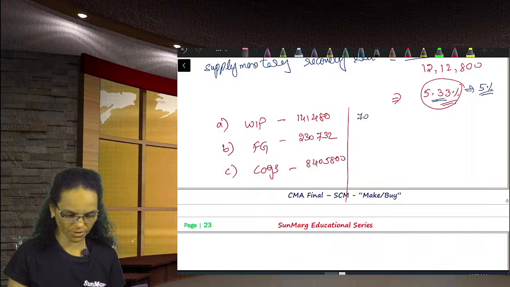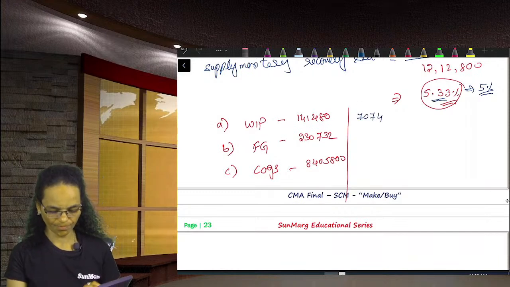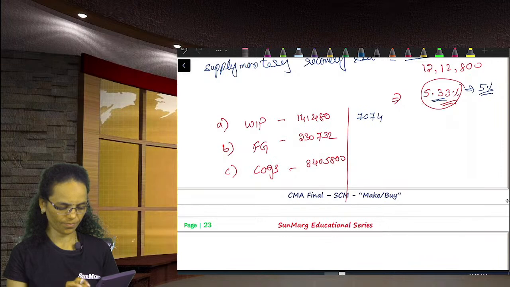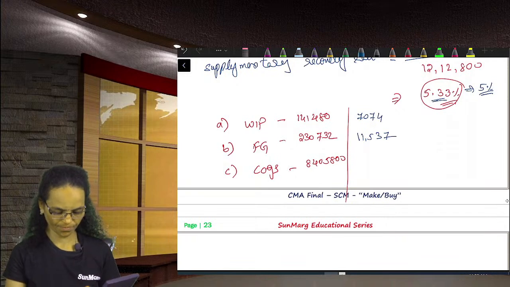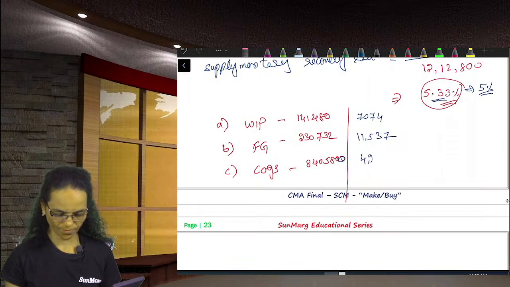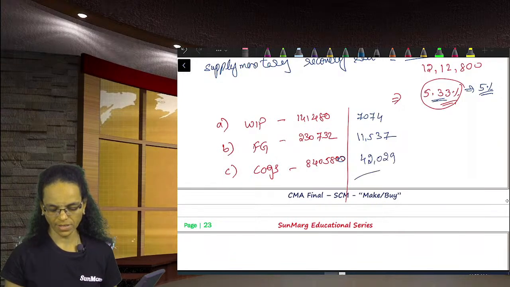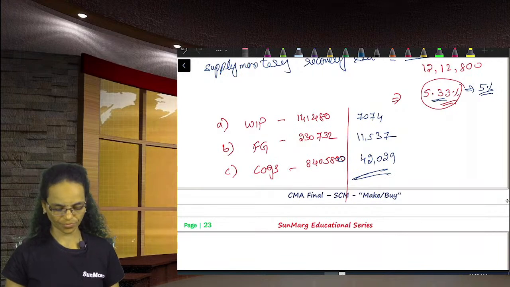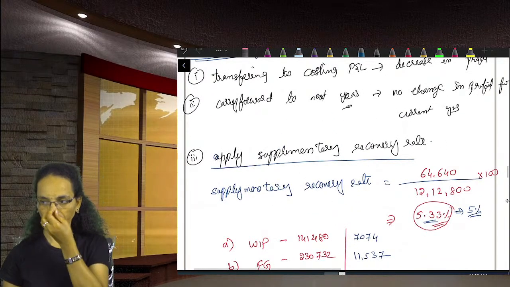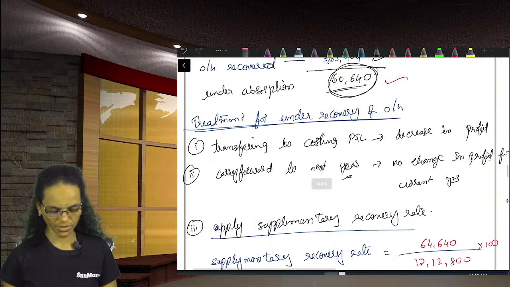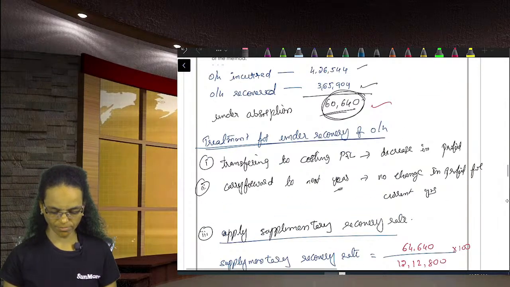The results are 7,074 and 11,537. Like this we can allocate. Okay, just go through it. I'll give you 1 minute of time.